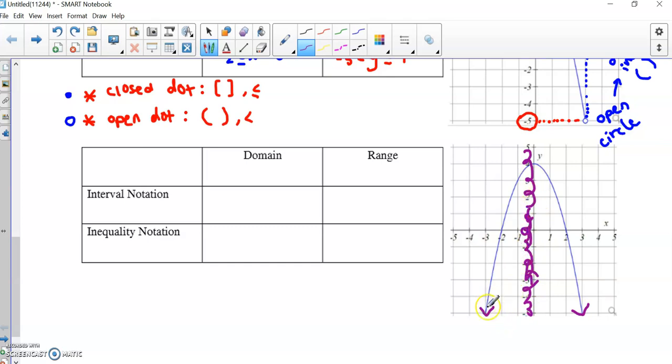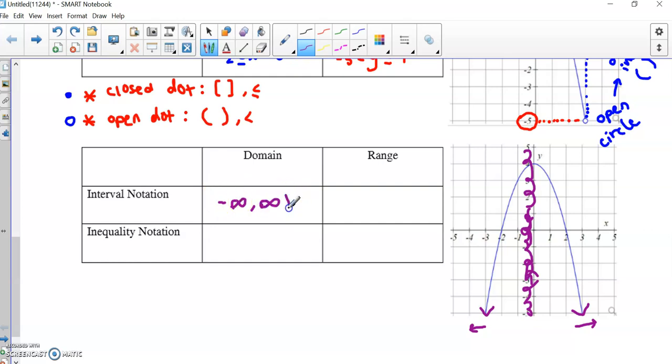So our graph is going on forever and ever in the left direction. So I know it's going to go towards negative infinity. Remember, left indicates negative because that's where the negative numbers are. And on the right, similarly, it's also going on forever. So my domain on the right side will go to infinity, and we never use brackets with infinity.